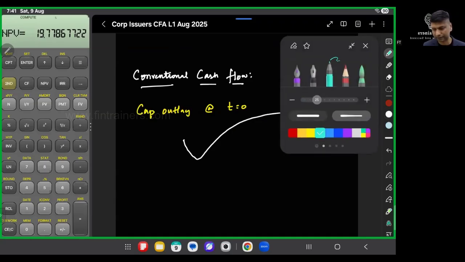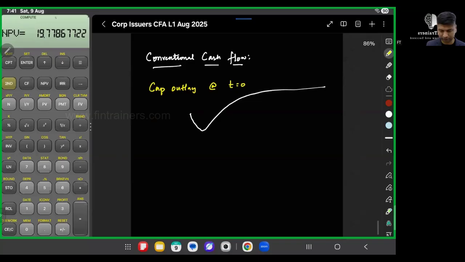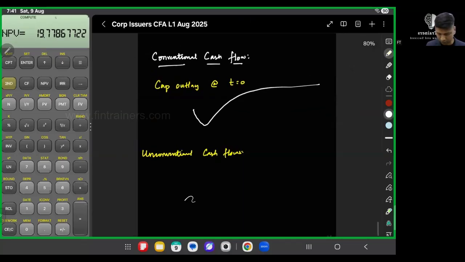If you've worked on projects, the team often requires subsequent cash infusion. So you might start with negative 100. Then let's say next year it is positive. Then there might be some additional investment required. So you have something like this: then you have a 200, then you have some negative value, minus 150, like that.